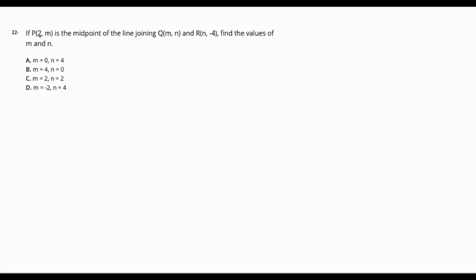Question 22 says, if the point P, which has this coordinate, is the midpoint of the line joining Q and R, find the values of m and n. So the coordinate of a midpoint is equal to x2 plus x1 divided by 2, y2 plus y1 divided by 2.